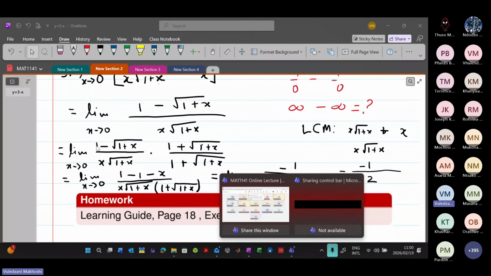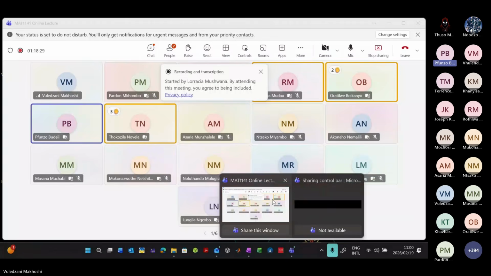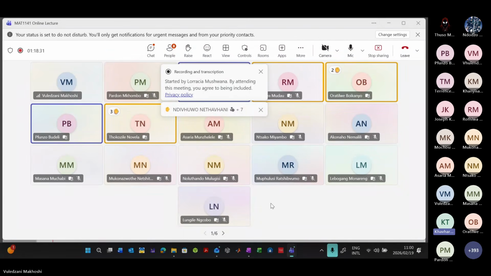If what separates the two is a plus or a minus, that's where you change. But where you have multiplication, you cannot do anything. So I rationalize where there are two terms. Yes, exactly. Okay, thanks, sir.